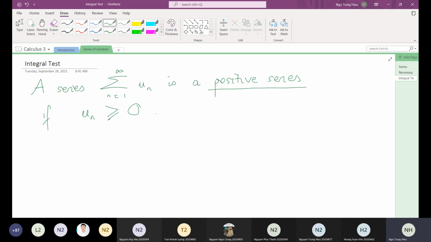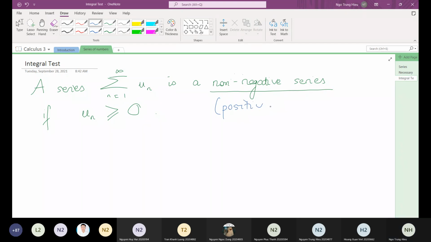Actually, because it can equal zero, I will not call it a positive series. I want to be more precise, so let me call it a non-negative series. It will be called a positive series if u sub n is greater than zero. So if it is strictly greater than zero, we'll call it a positive series.